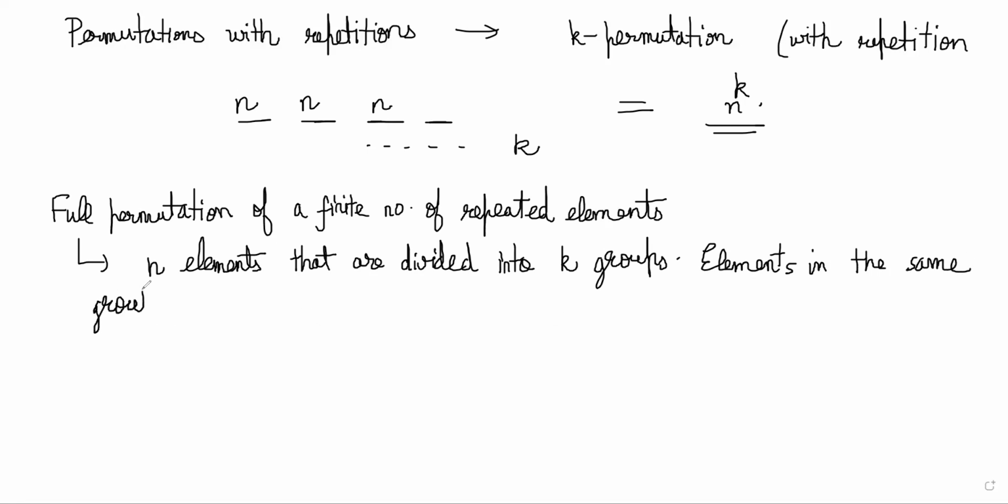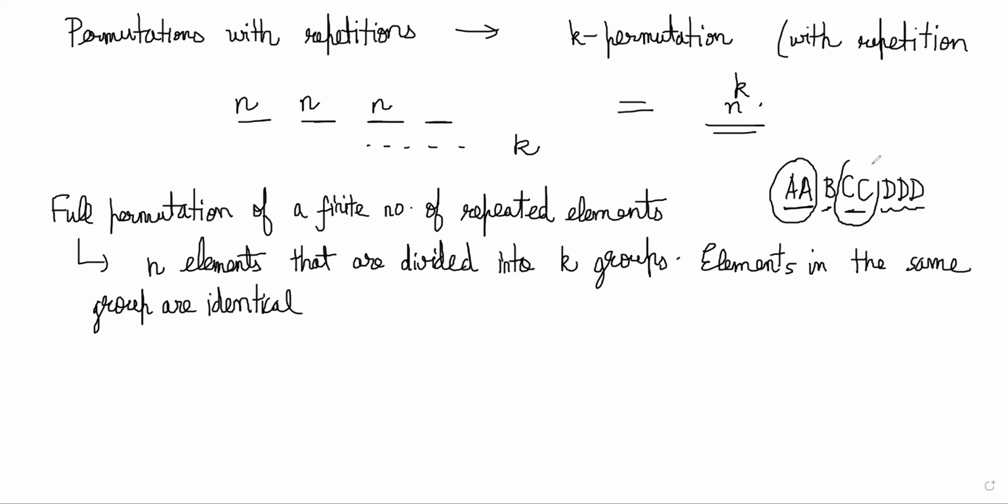So basically you can think of it as, suppose you have a few letters, right? So 2 A's, 2 C's, 3 D's, and 1 B. The 2 A's are identical to each other, 2 C's are identical to each other, 3 D's are identical to each other. There are 4 different groups of letters here, and elements in the same group are identical.